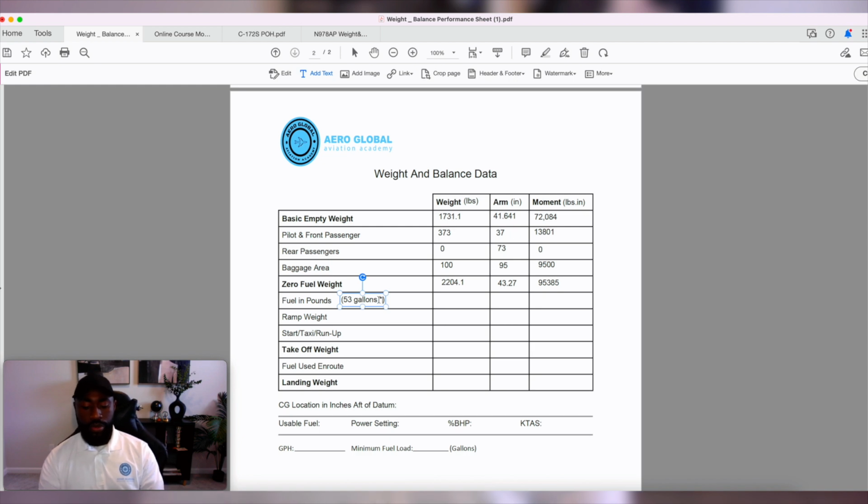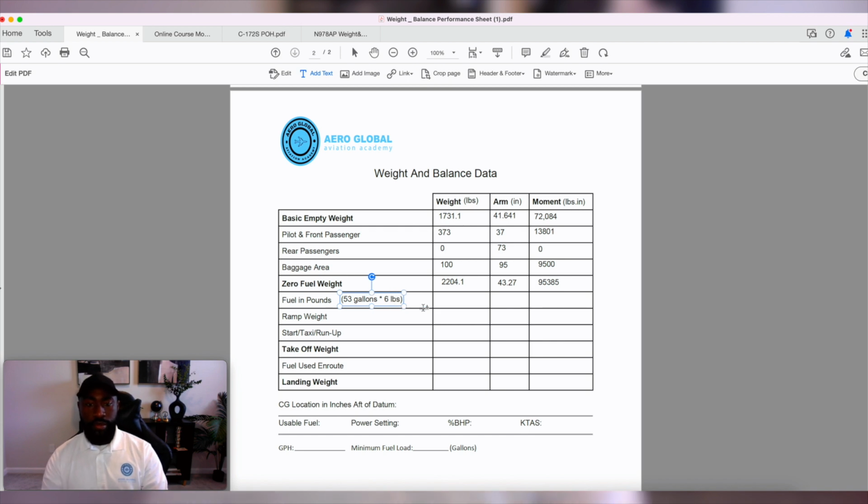So we're going to use the idea that 1 gallon is close to 6 pounds to calculate how much weight we need to put here. So we just multiply 53 gallons by 6 pounds, and let's see what we get. So we get 318 pounds right there.